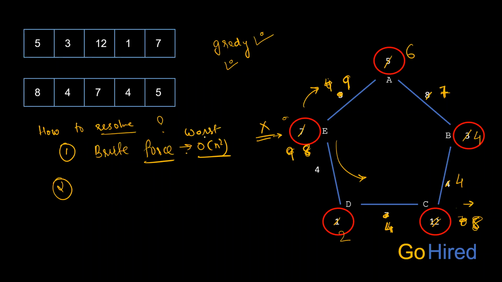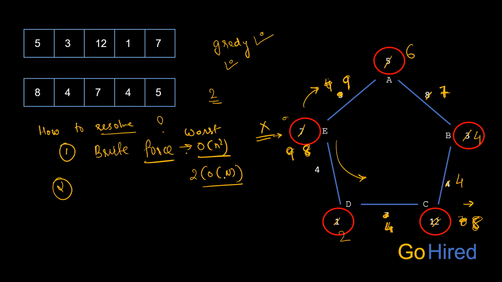Why? See, even if we go in both directions, the probable answers here are 2. So even if I go in both directions for both of them, it is not order of n square. It is 2 into order of n.